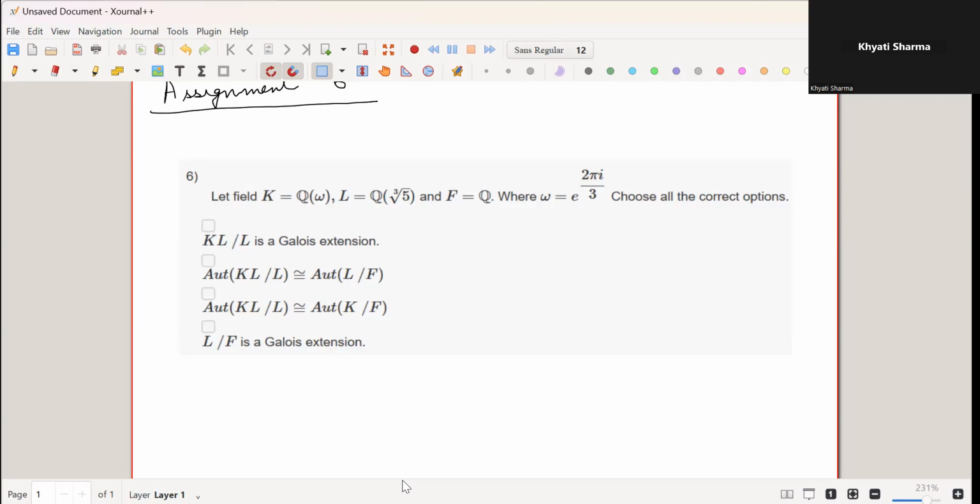In the notes we have seen one corollary. I will mention that corollary, and this question will follow from it. Let me write the corollary first.